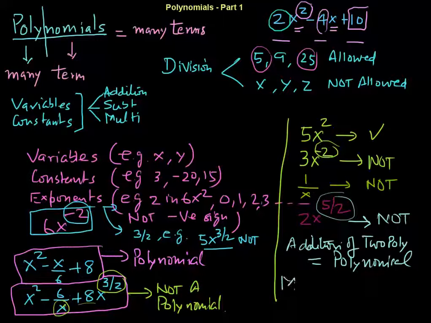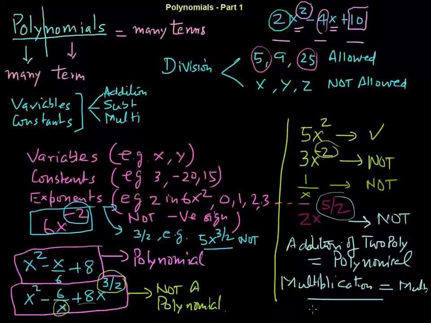In the same way, the multiplication of two polynomials is again a polynomial. That means after lots of addition and multiplication, the net result will still be a polynomial.